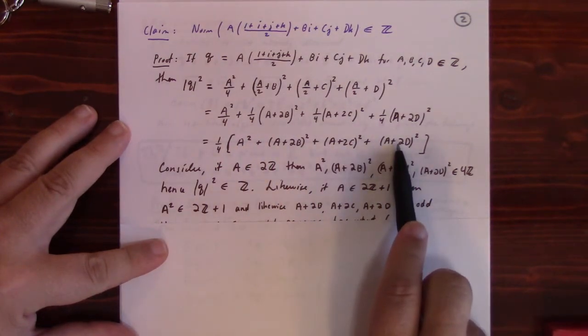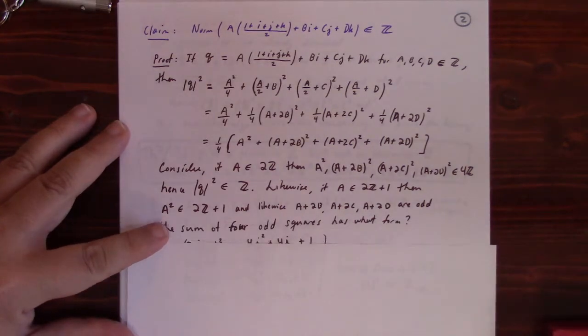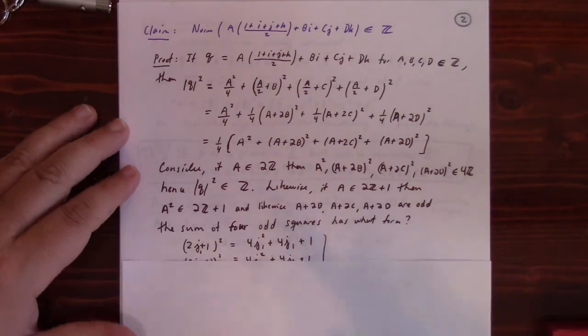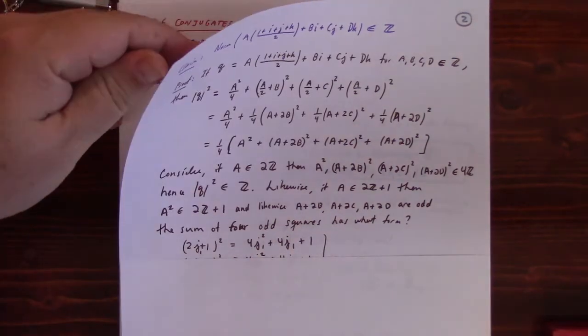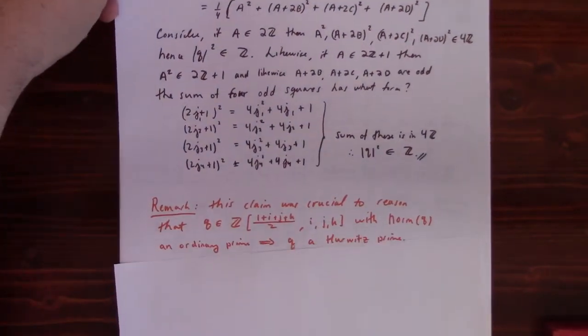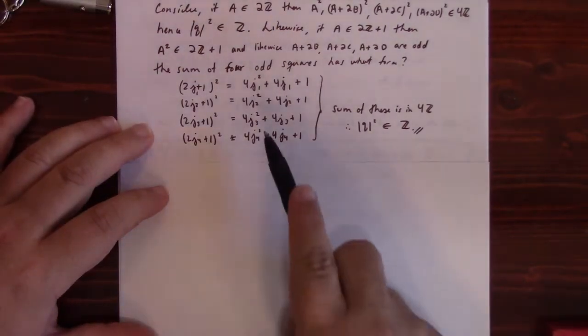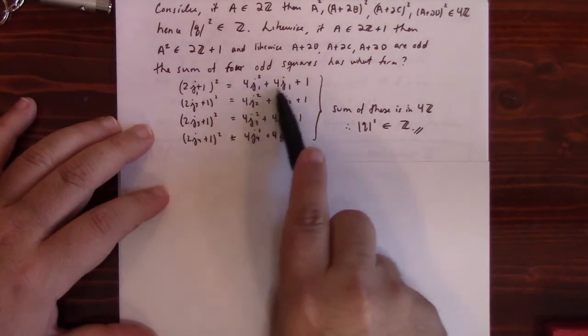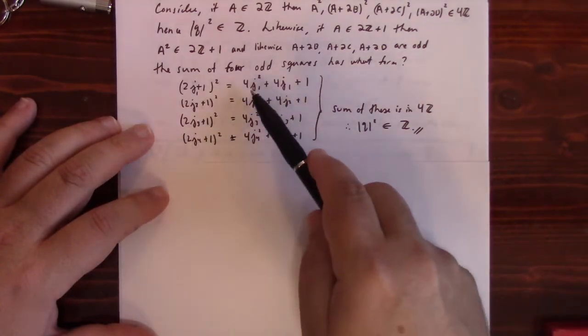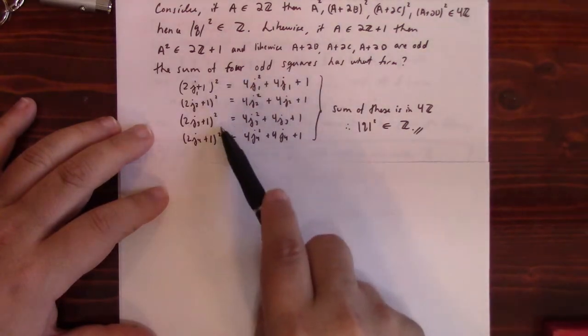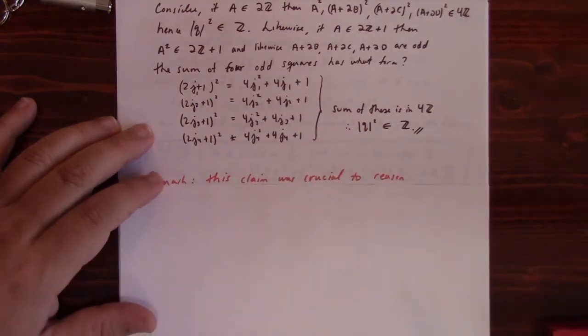But it's not just that: the odd square is a multiple of 4 plus 1. This is a lot like a homework problem I gave you guys. Probably if I remember the homework problem, I could just cite it and be done with it. But anyway, when you square odd integers you get this, and when you add 4 of these together you get multiples of 4 plus 4. So 4 divides the sum of 4 odd squares.